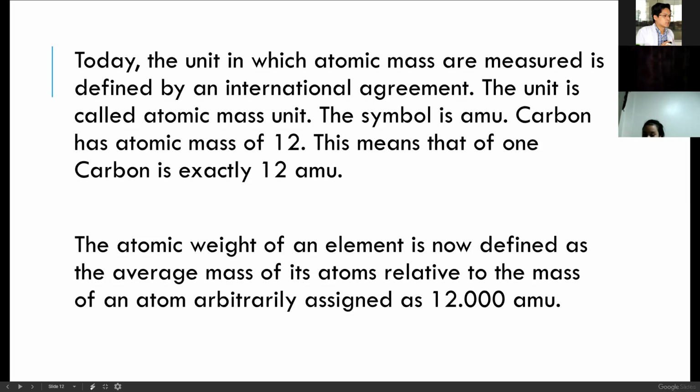If you're going to look at carbon, let me share my screen so I'll let you see. I'll open my periodic table and explain to you the atomic mass and the atomic number.